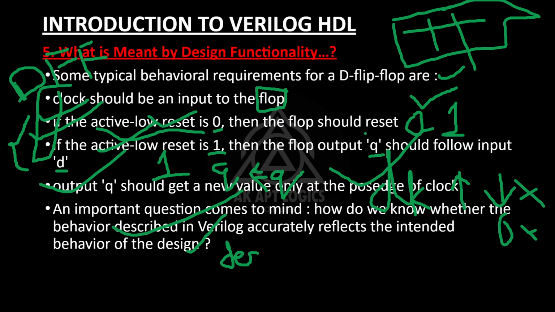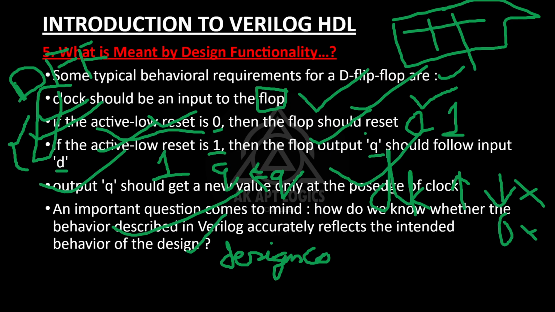So we are going to write the design code with the functionality. For the D flip flop, there are these three functionalities, right? We have seen them. For another circuit, there will be some other functionalities, so we have to write the design code for that particular functionality.